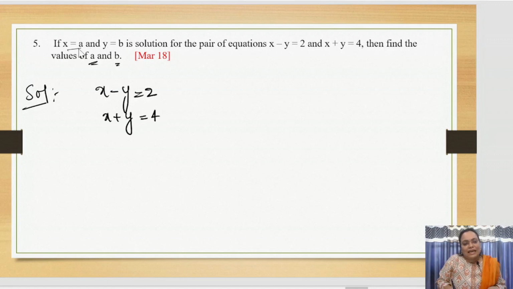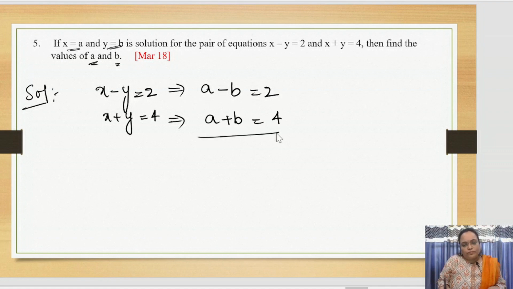He has given us x = a and y = b as a solution of a pair of linear equations. So let us replace x = a and y = b. That is a − b = 2 and a + b = 4.